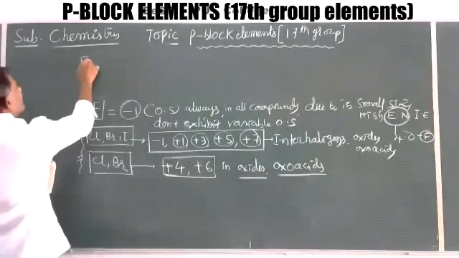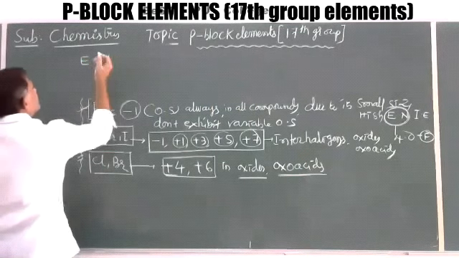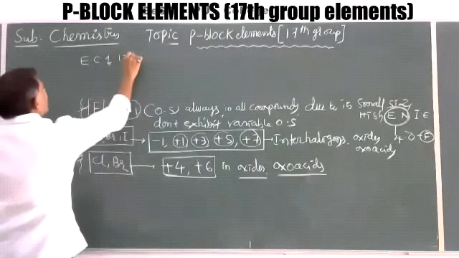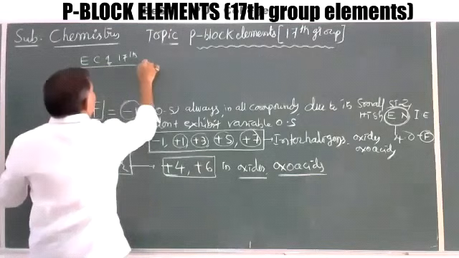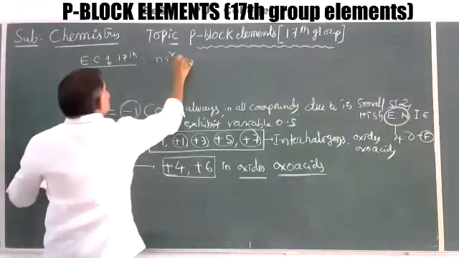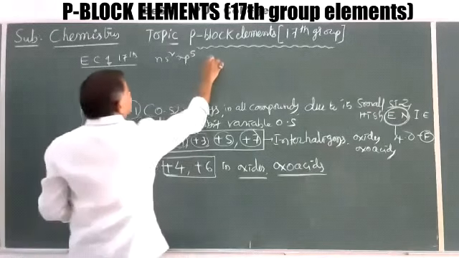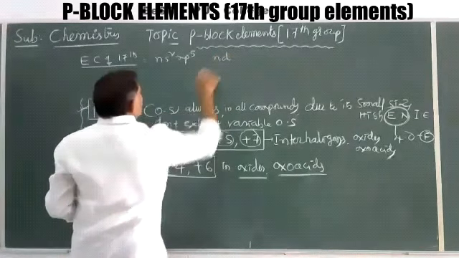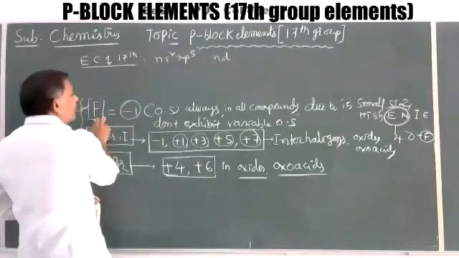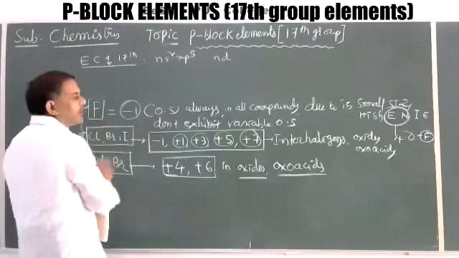The general electronic configuration of 17th group elements is ns2 np5. There exists an nd also, except in fluorine.